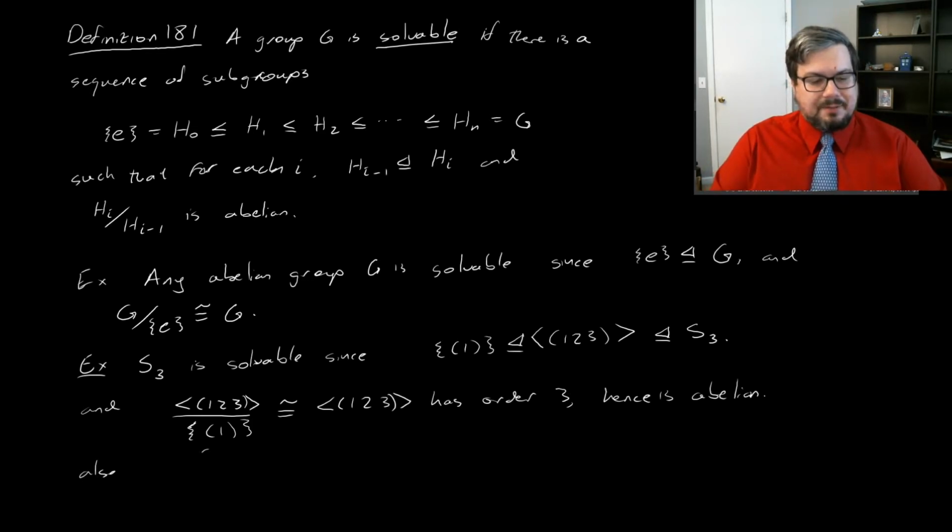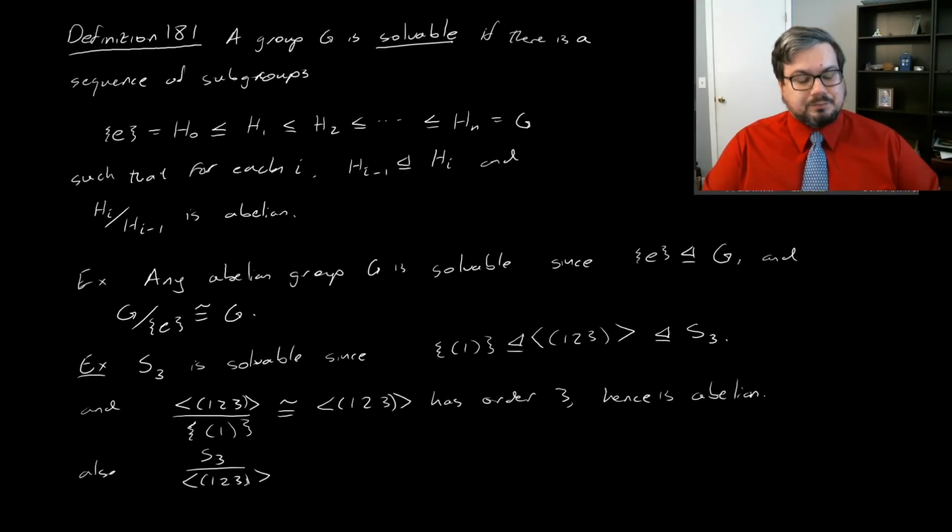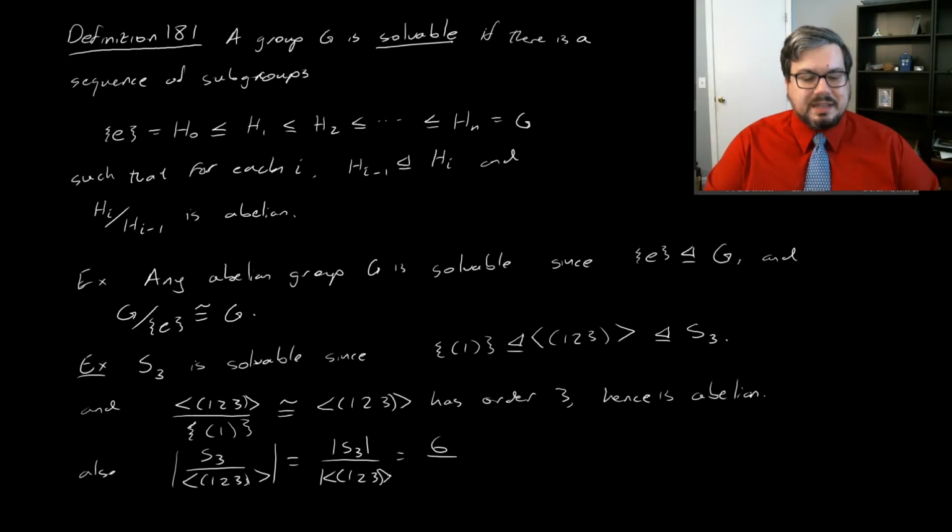Also, we have S3 mod the subgroup generated by (1 2 3). The order of this group is the order of S3 divided by the order of the subgroup, which is 6 over 3, which is 2.